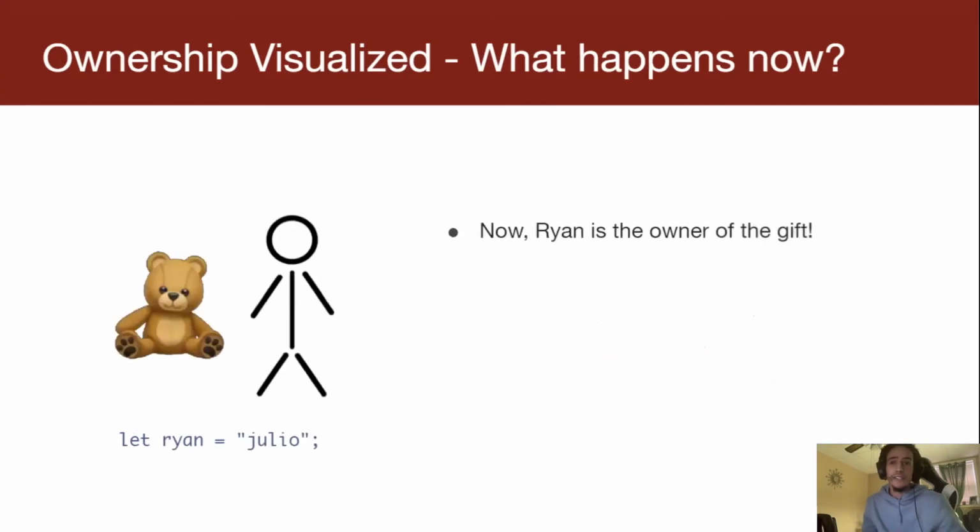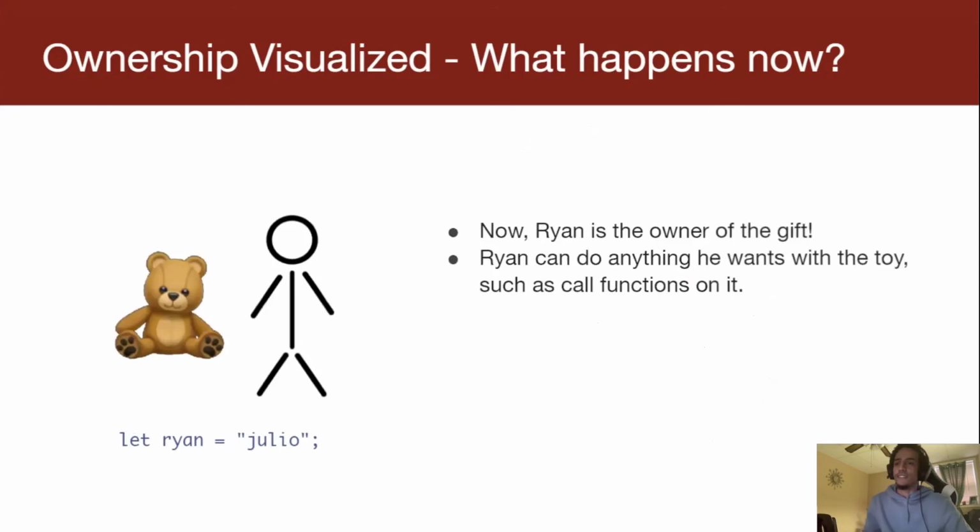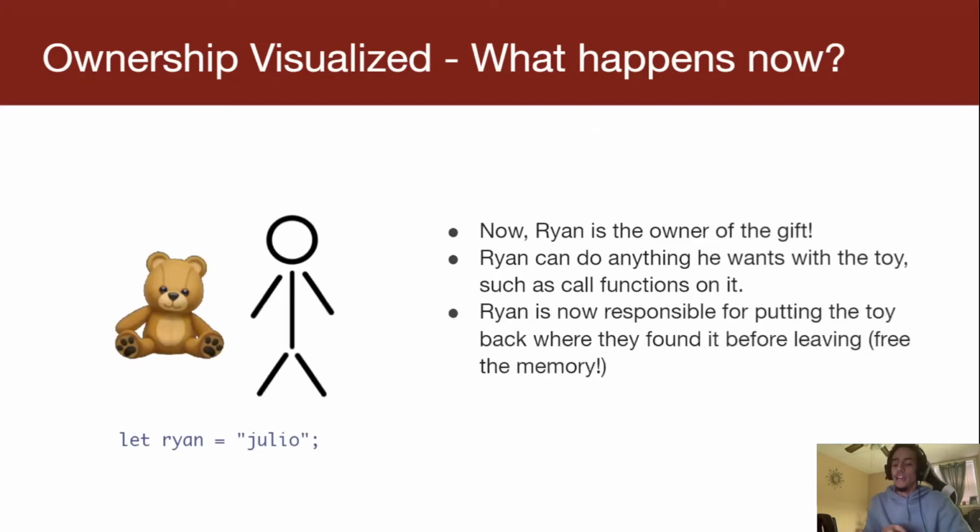Now Ryan is the owner of this fantastic toy, and now Ryan can do everything that Julio could do before. So we're talking all the functions, press the button, make it light up, anything that you could do with the bear previously that Julio could do. Now Ryan is the one that's able to do that. And importantly, Ryan is now responsible for putting that toy back on the shelf, freeing the memory, putting it back. And that is all on Ryan instead.